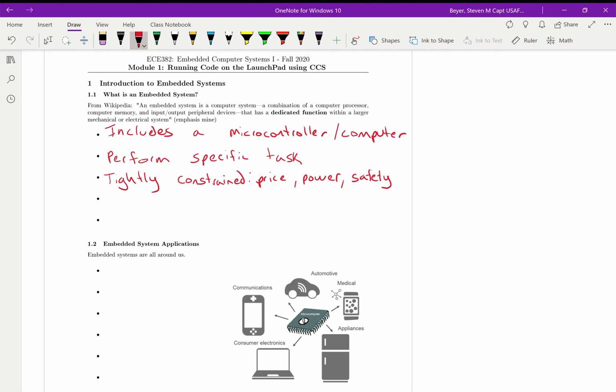In a vehicle, there are tons of embedded systems, and those embedded systems are constrained by how fast they react, so safety is a huge part of that. They typically have to operate in real time, and with the physical world. That's one of the big things that differentiates an embedded system from something that is just software.